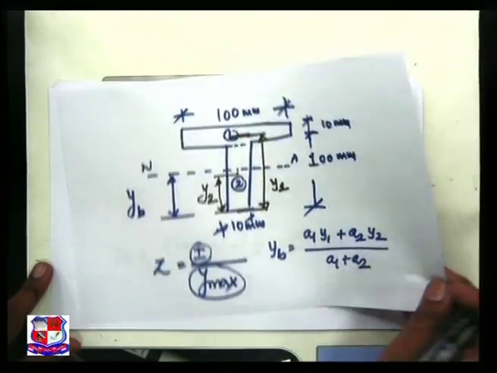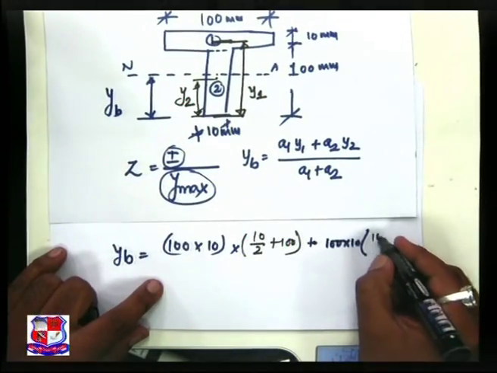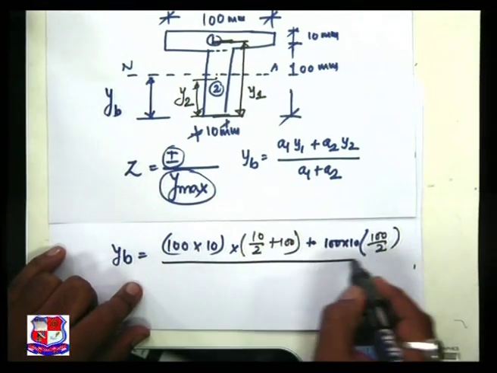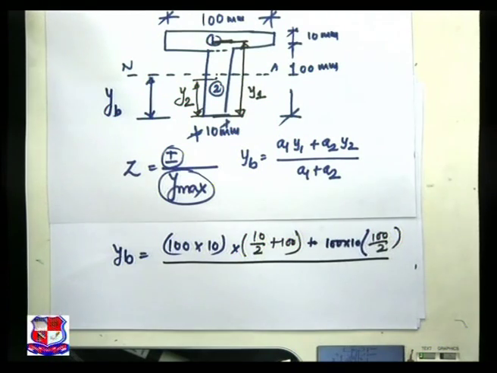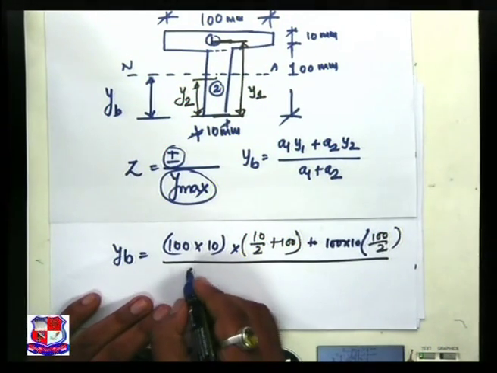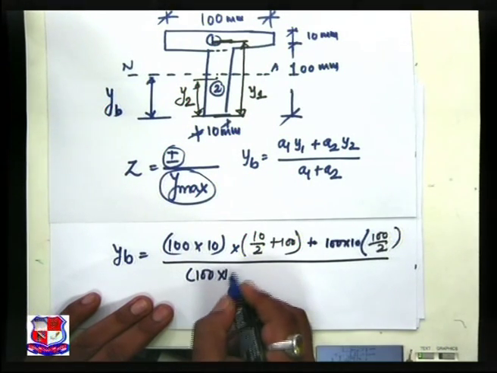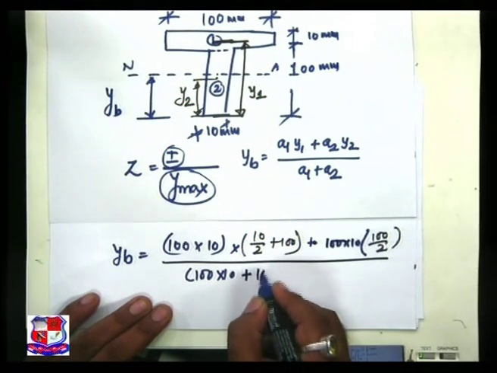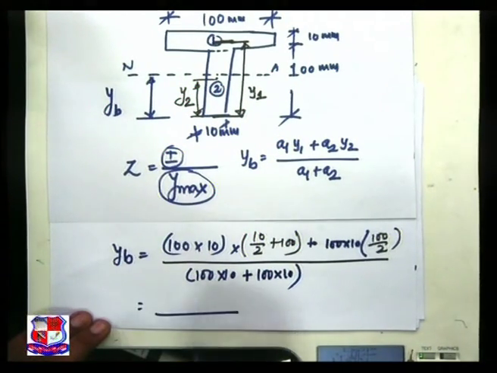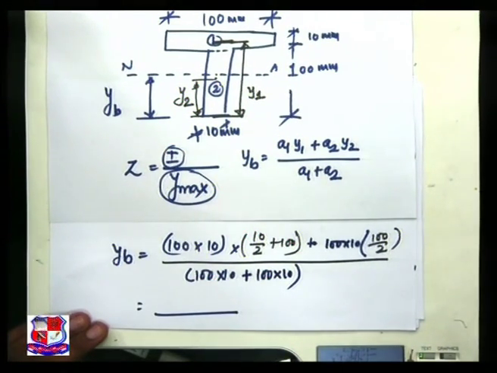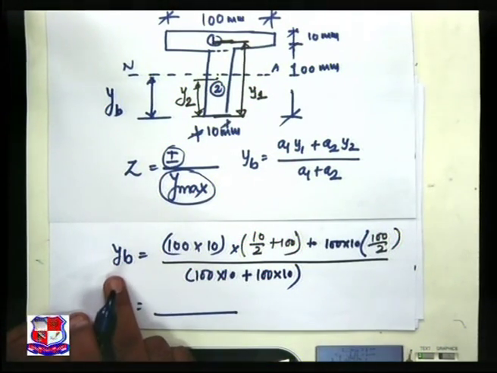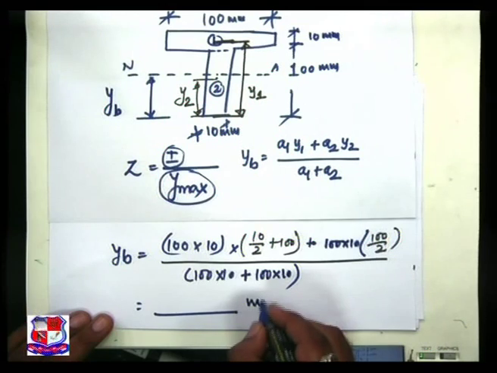What is y2? Definitely it is 100 by 2, divided by a1 plus a2, area of first part plus area of second part. You have a calculator, you can solve very easily and find out the value of yb in millimeters.